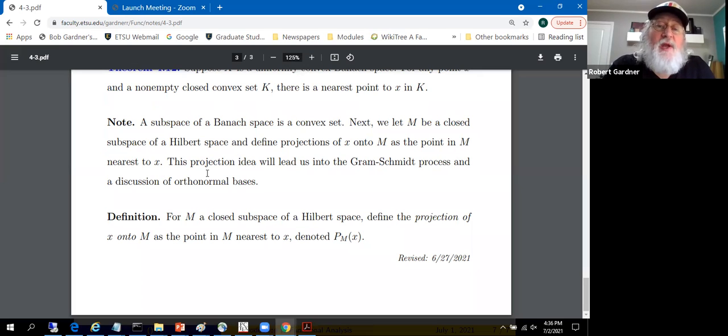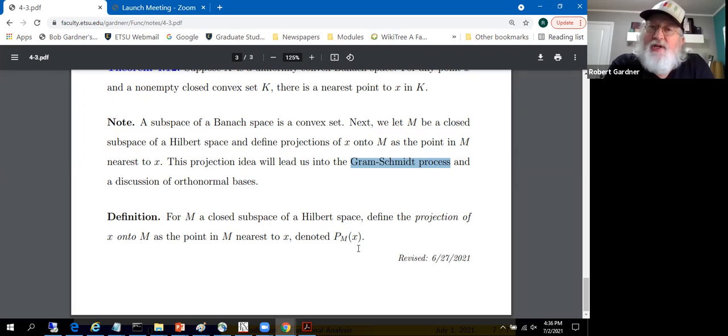That means we can use the projection idea to do the Gram-Schmidt process and talk about orthonormal bases in Hilbert spaces. So first off, we'll define this projection in terms of this nearest point idea. Such a thing exists by all this theory we just went through.